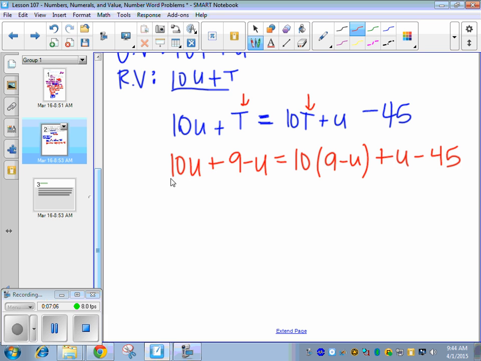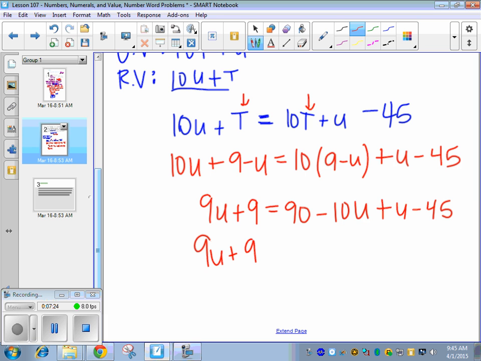Combine like terms, so 10u minus 1u is 9u. Distribute over here, this would be 90 minus 10u plus u minus 45. And let's combine like terms over here.